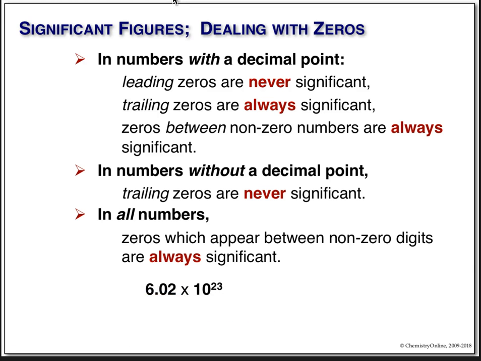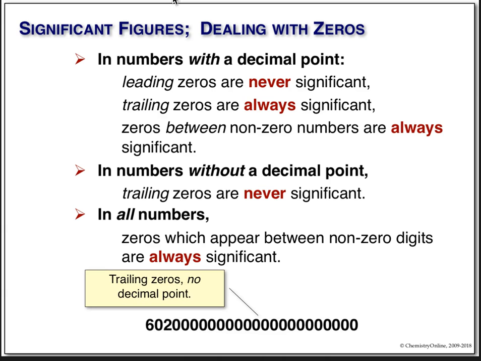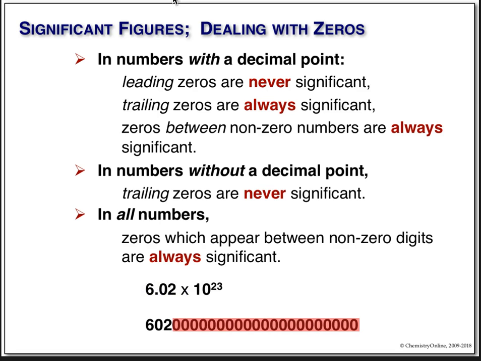How about this guy, 6.02 times 10 to the 23rd? Well, that's scientific notation, isn't it? If we converted it to decimal, it would look like this. It has no decimal point, so all those go away. And we're left with 3 significant figures.